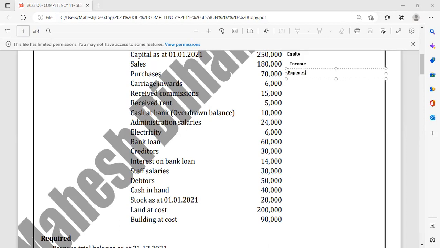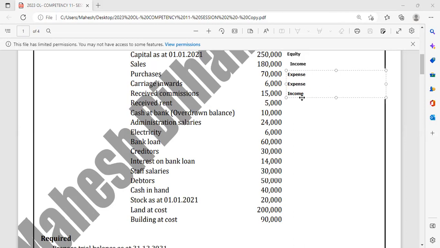Carriage inwards, even that is an expense account. Received commissions, income. Received commissions, income account.